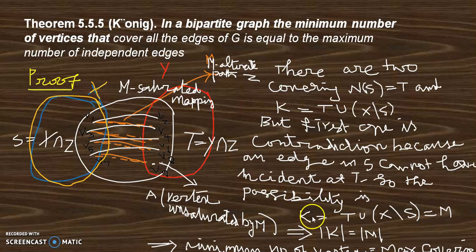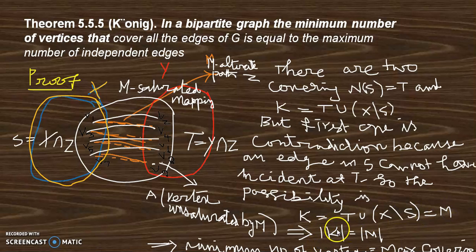Therefore the absolute value of K, the number of vertices, will be equal to T union X minus S, which equals the number of independent edges. So the number of independent vertices equals the number of matching edges.